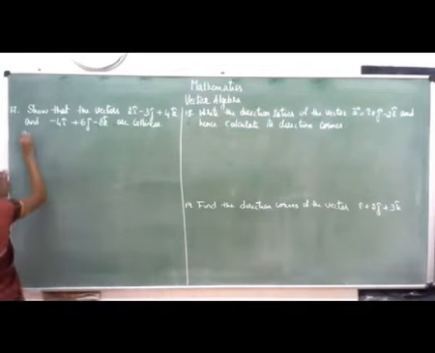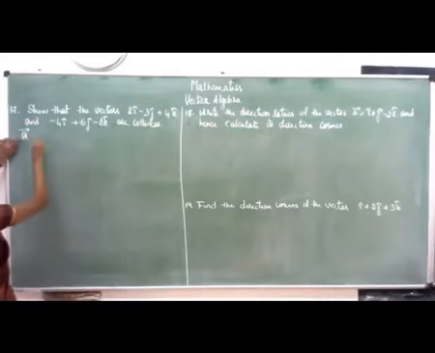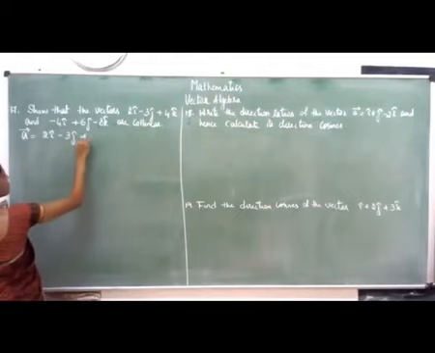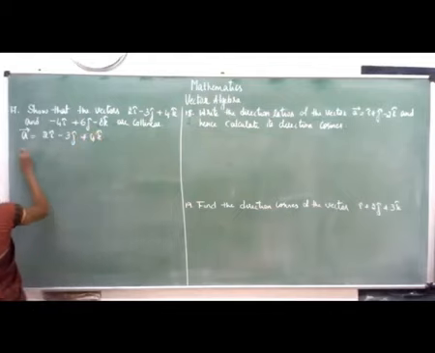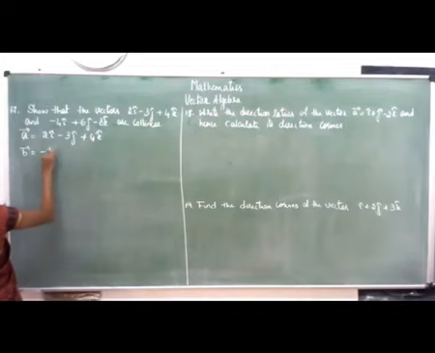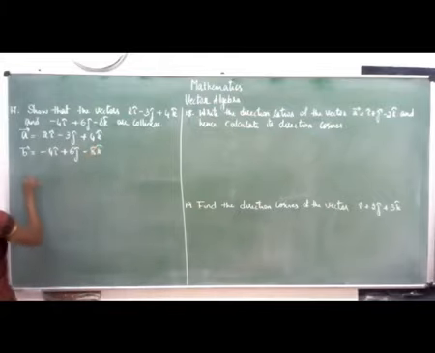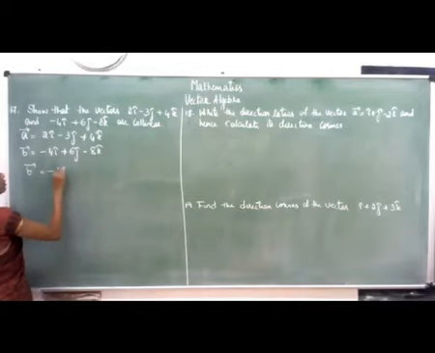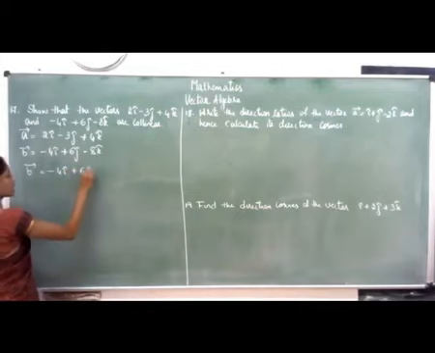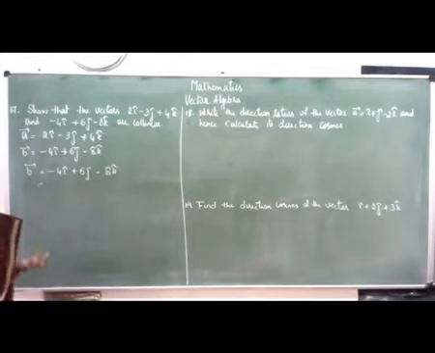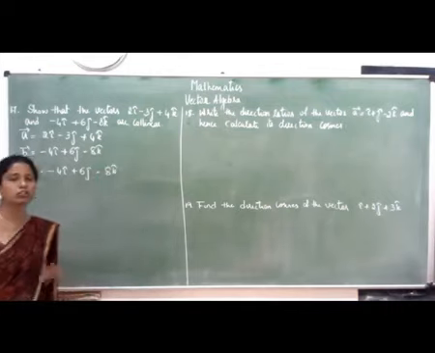So let us take the first vector as vector A. Vector A is equal to 2i cap minus 3j cap plus 4k cap, and vector B is equal to minus 4i cap plus 6j cap minus 8k cap. Now I'll consider vector B. From this I can take minus and 2 common.